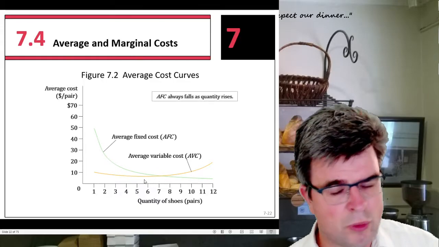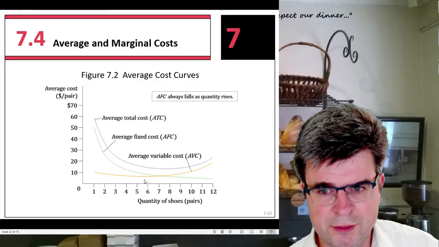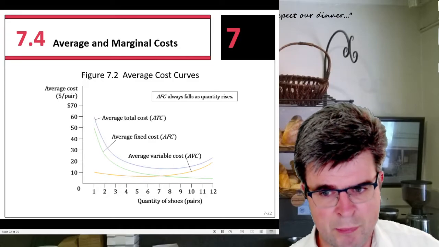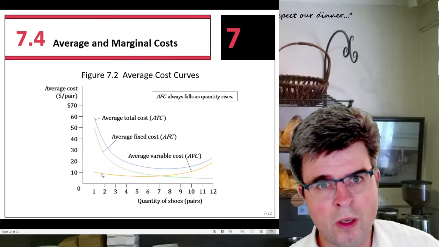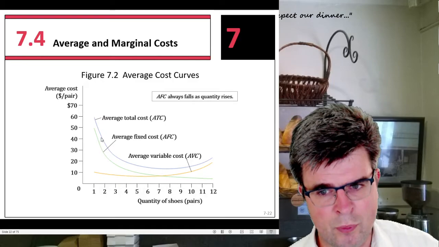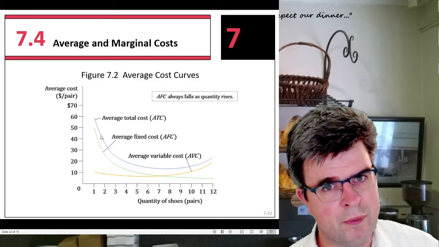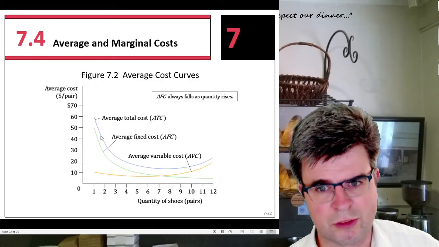So the average fixed cost always falls as the quantity rises, and the average total cost is the sum of the two. So you vertically aggregate the yellow line and the green line, and you end up at the blue line, which denotes the average total cost.